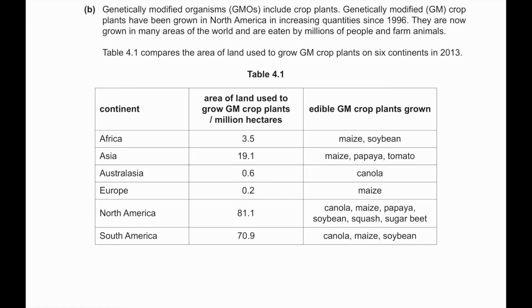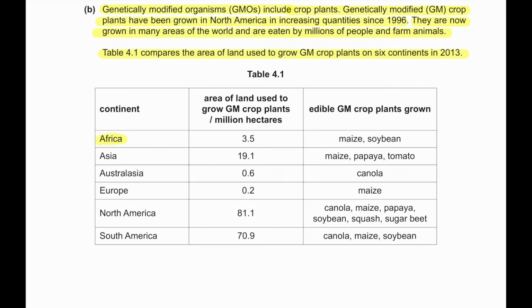Part B. Genetically modified organisms include crop plants. Genetically modified plants have been grown in North America in increasing quantities since 1996. They are now grown in many areas of the world and are eaten by millions of people and farm animals. Table 4.1 compares the area of land used to grow GM plants on 6 continents in 2013.